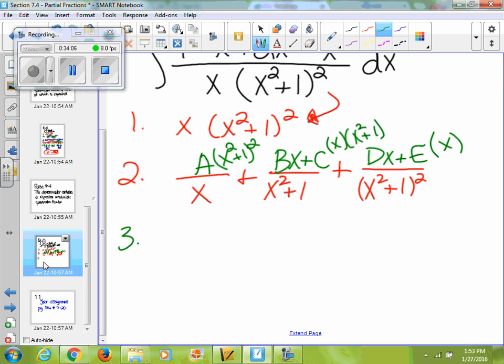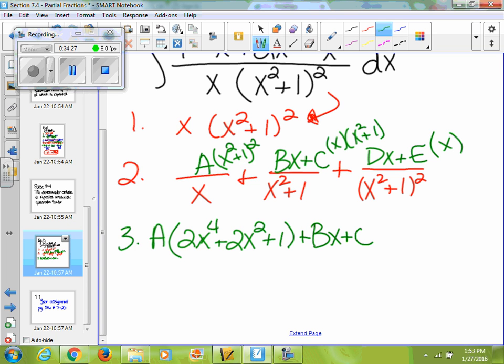So if I FOIL out (x squared plus 1) squared, that gives me x to the 4th plus 2x squared plus 1. If I FOIL my second one, I have x times x squared is x cubed plus x. And if I distribute my x, I get Dx squared plus Ex.